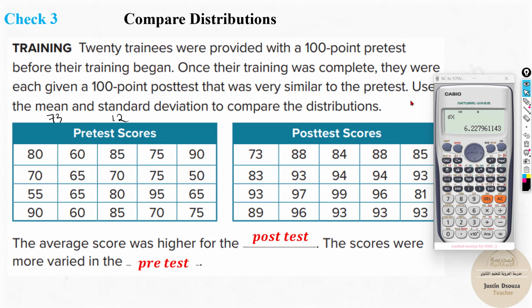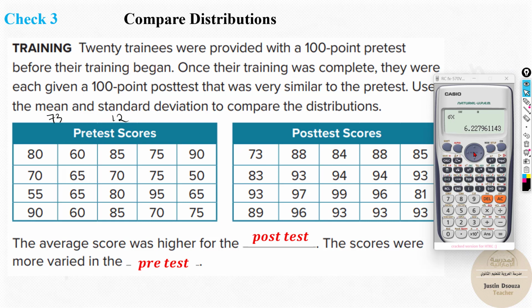And now, I just read this. I cut a bit of the part over there a while ago, and now I realize the standard deviation over here is lesser than the pre-test. So the post-test scores are less varied, whereas the more varied ones are pre-test, because we got the standard deviation of 12.